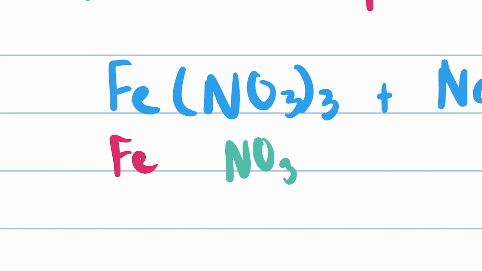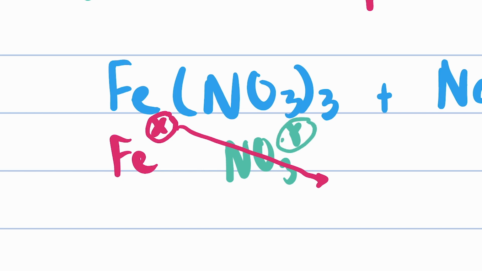So going a step back, if you split them up, I'm just going to represent the charges with an X for iron and a Y for nitrate. Normally with these charges, this charge will go down and across, and then this charge will go down and across.